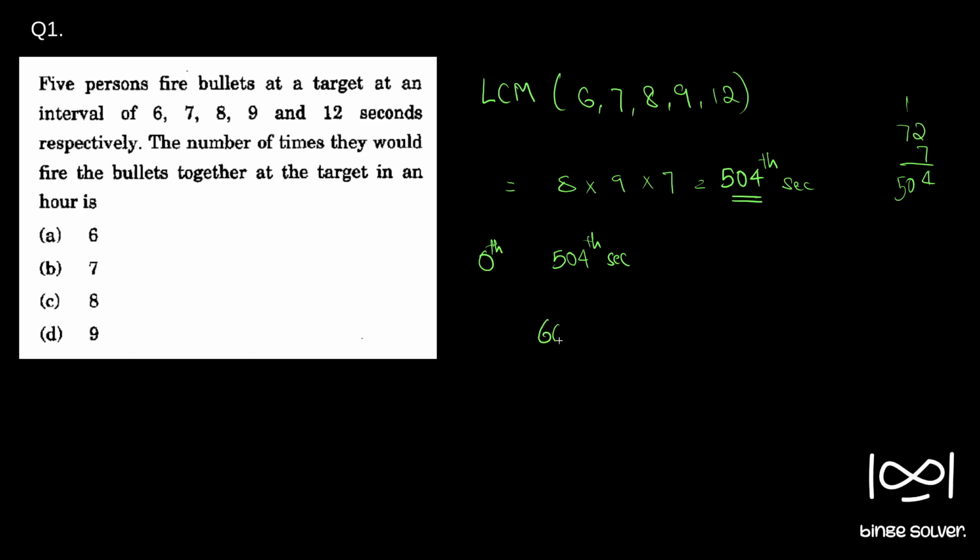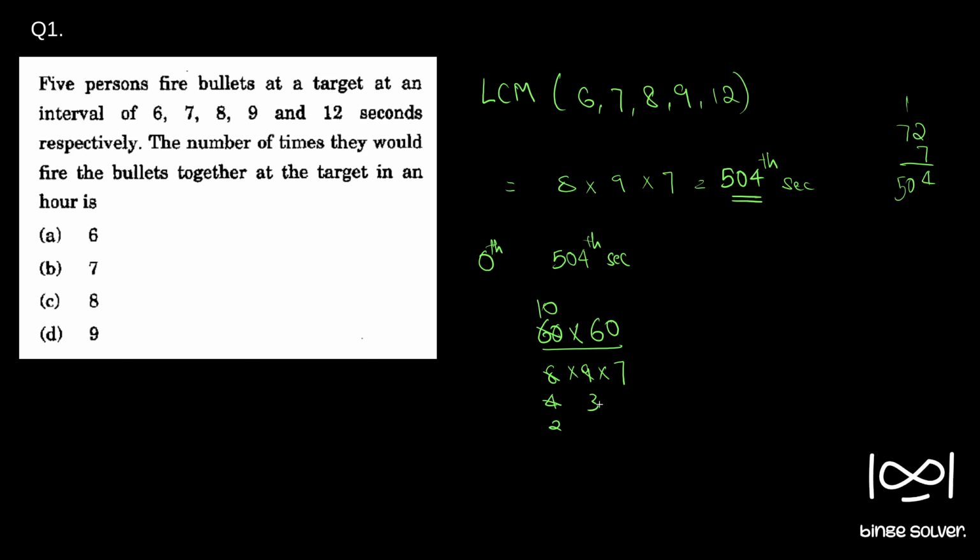So in 1 hour we have 60 minutes into 60 seconds, divided by 504. For simplicity I will write 504 as 8 into 9 into 7. So 6, 3 into 2, I'll just take 2 from here and 3 from here, so we get 10.